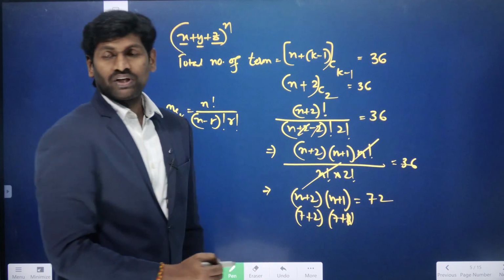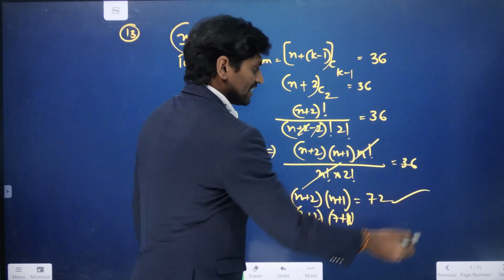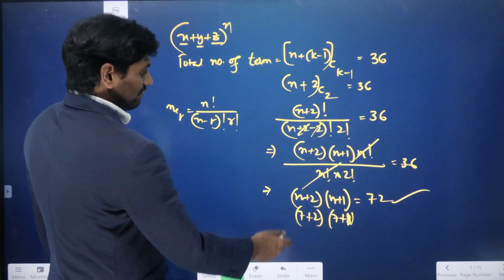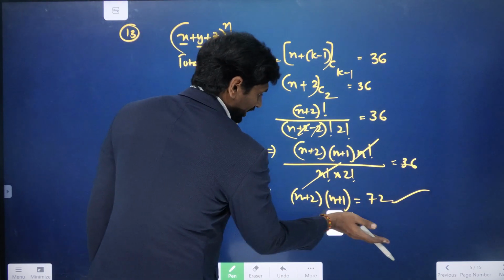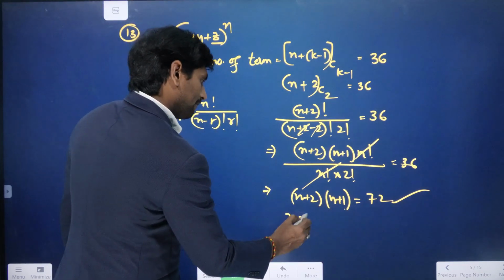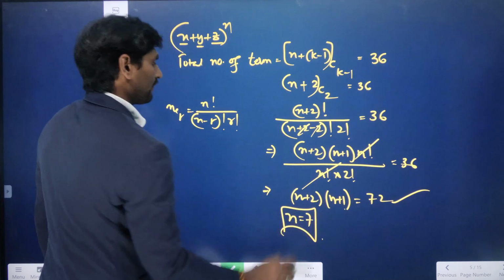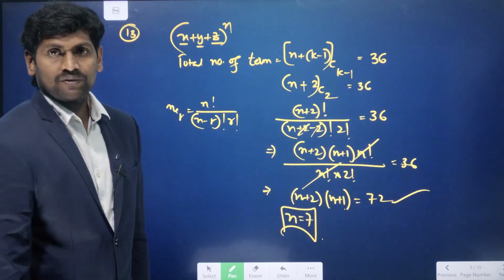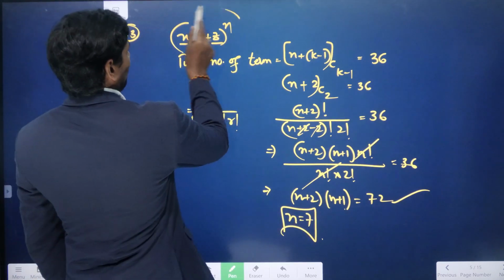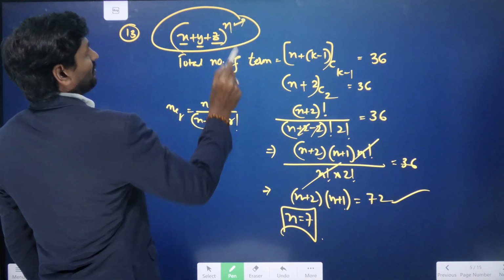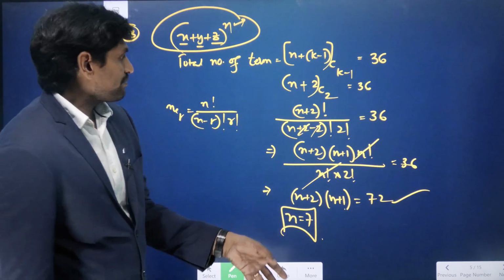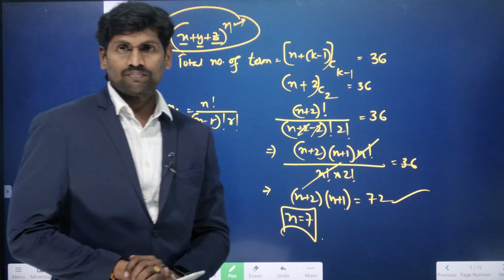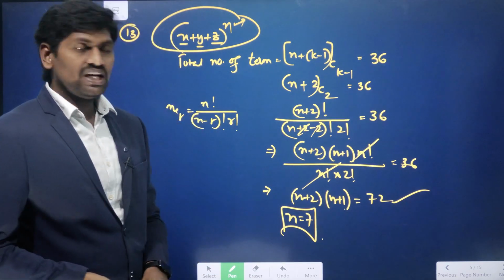So 9 eights are 72. For satisfying this, we get n value is 7. Okay? So if the given multinomial has n power 7, the total number of terms is 36. Now let us go to the next problem.